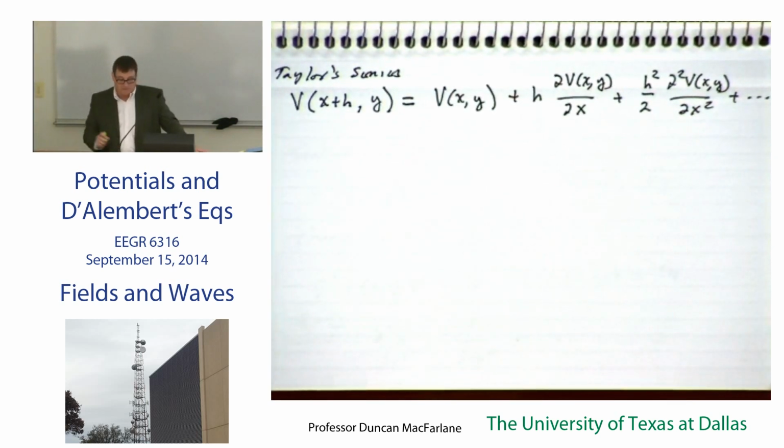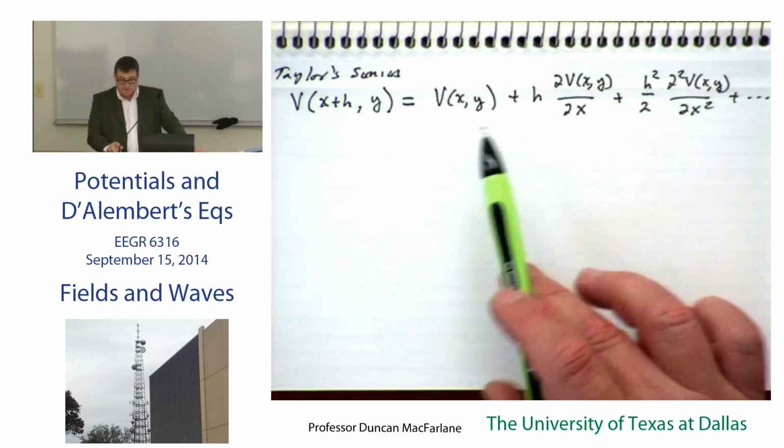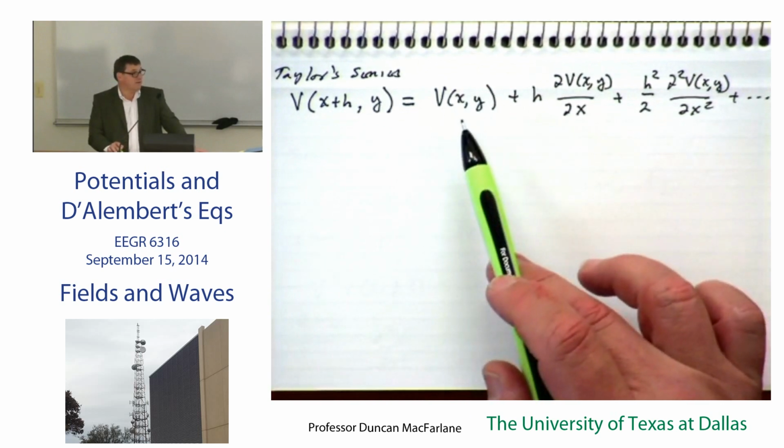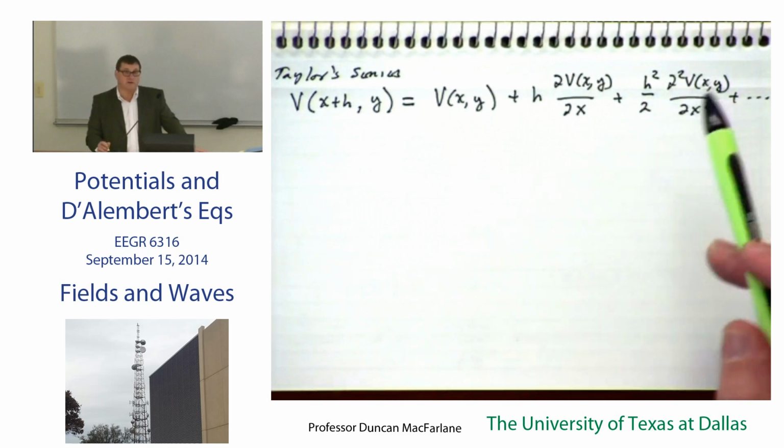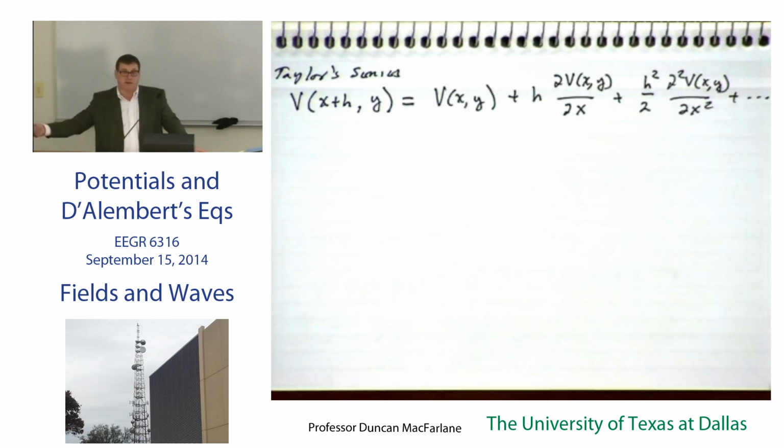I'm just expanding this expression in terms of a constant term, a first derivative term, a second derivative term, and if I want to, I can keep going to third, fourth, and fifth derivatives, higher and higher polynomials. Okay?